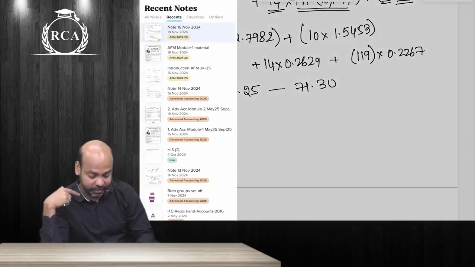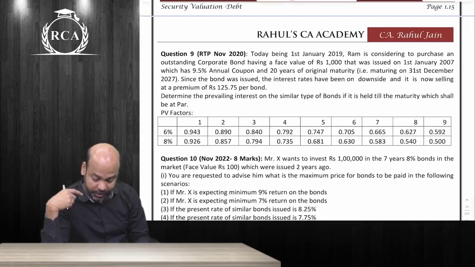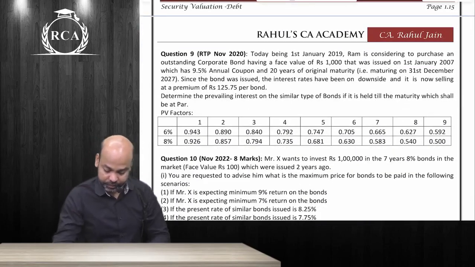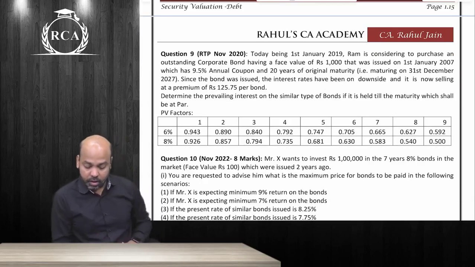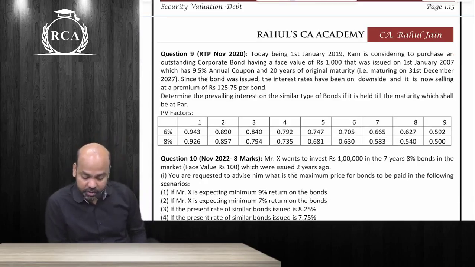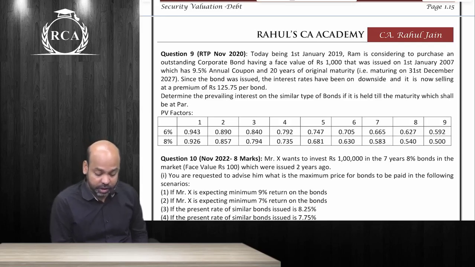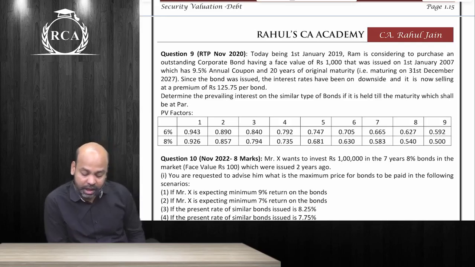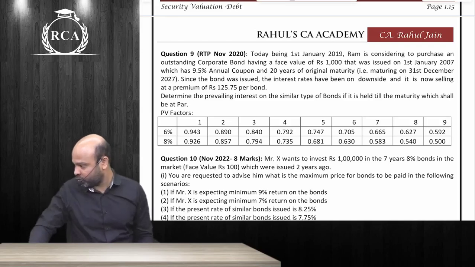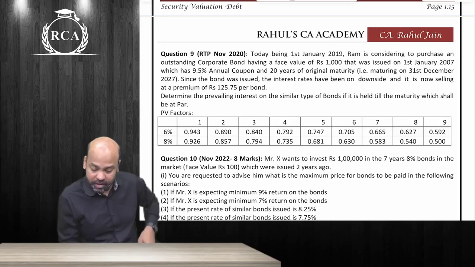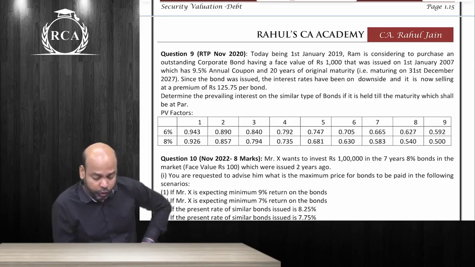All right kids. 9th question guys. Today being 1st of Jan 2019, Ram is considering to purchase an outstanding corporate bond having a face value of 1,000 that was issued on 1st of Jan 2007. What was the original issue date as such beta?